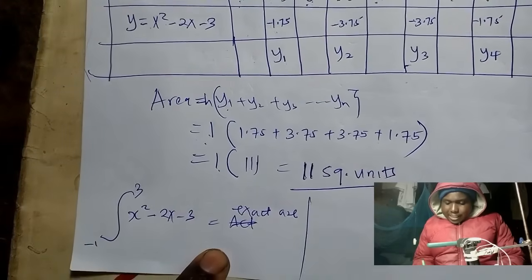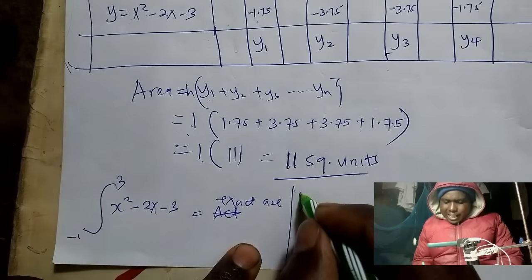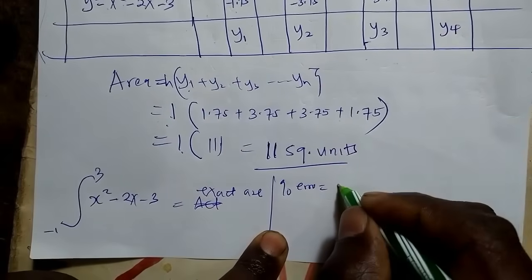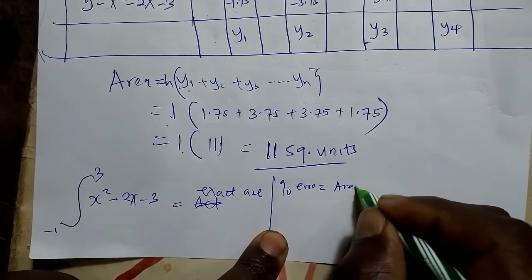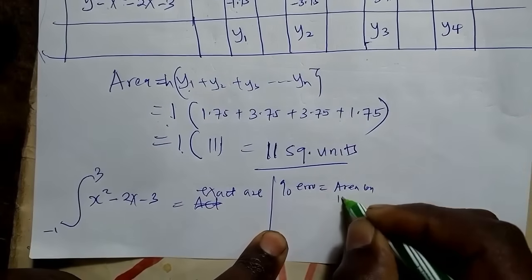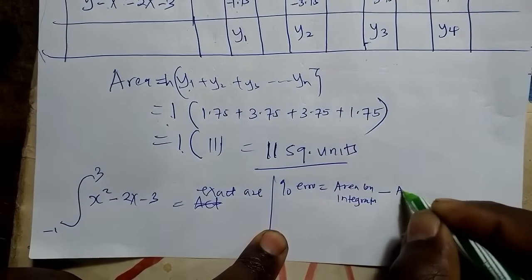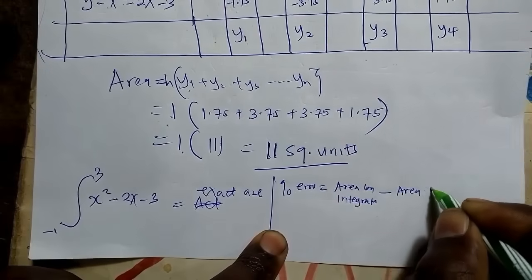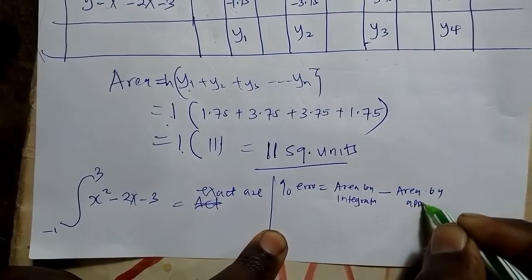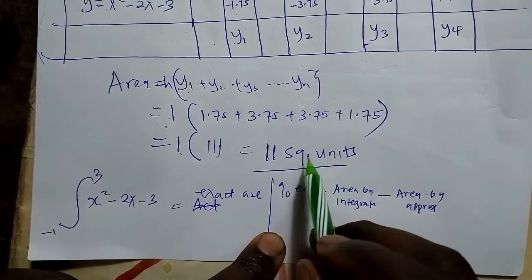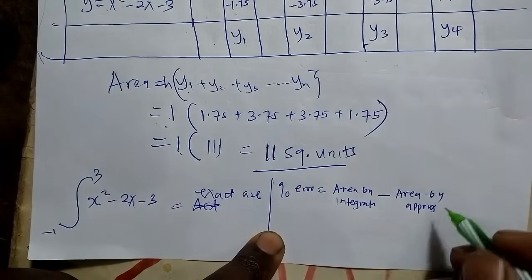So to get the percentage error, the percentage error will be area by integration minus area by approximation. So approximation can be that you have used the mid-ordinate or trapezium rule.